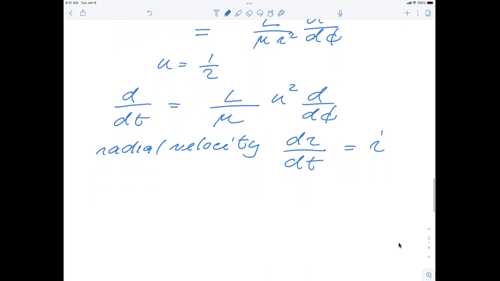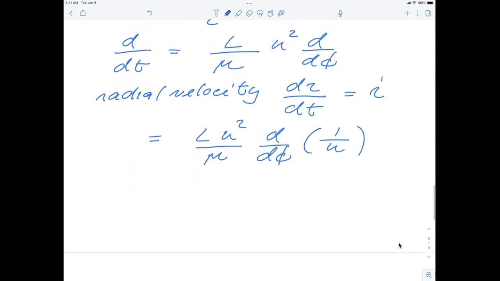And when we now plug it in, we can show that this is the same as L times u divided by mu, and then I have a d d phi. And then I can put in r, or I can put in 1 over u, since this is the new function I want to solve with respect to.